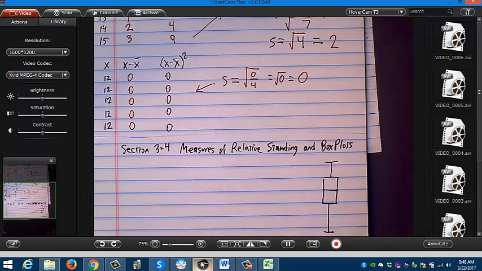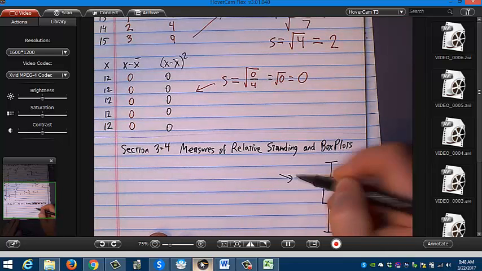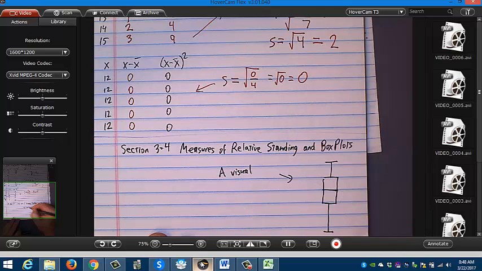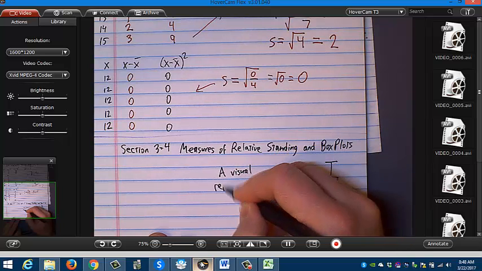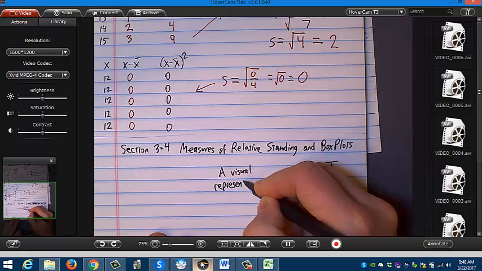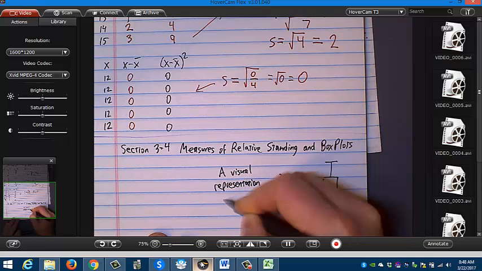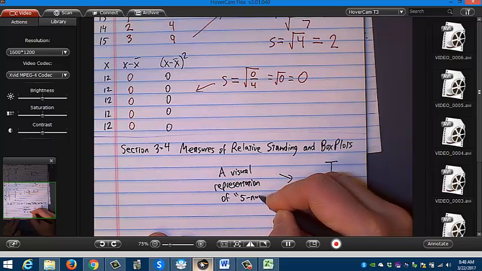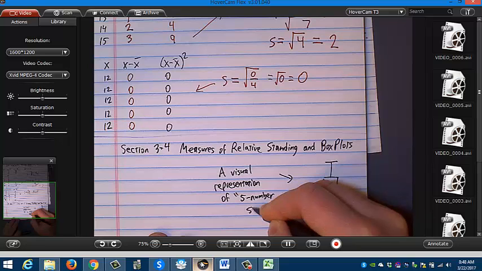Okay? And what it's supposed to be, this is a visual representation of what is called the 5-number summary.